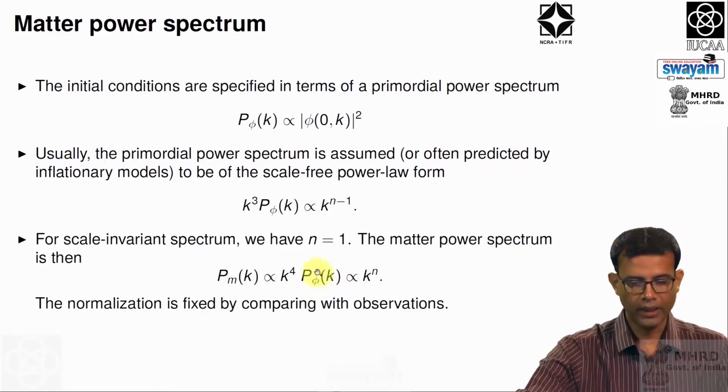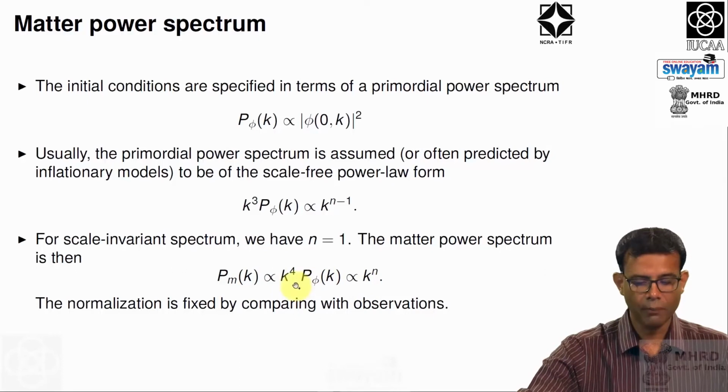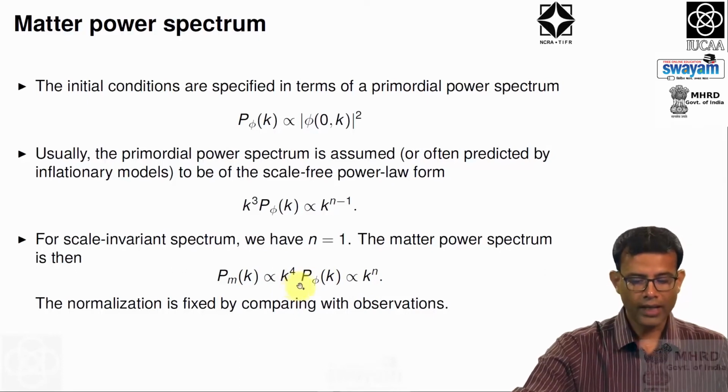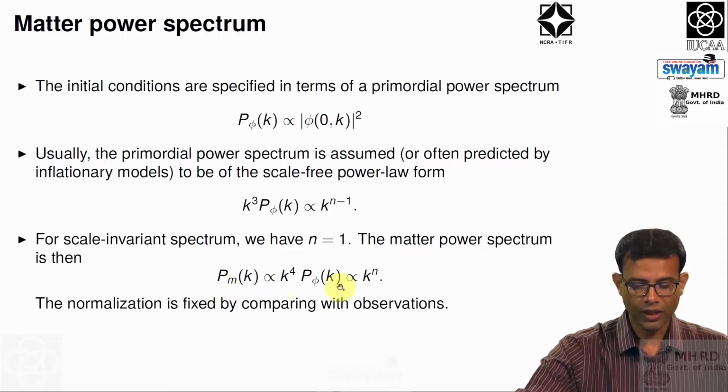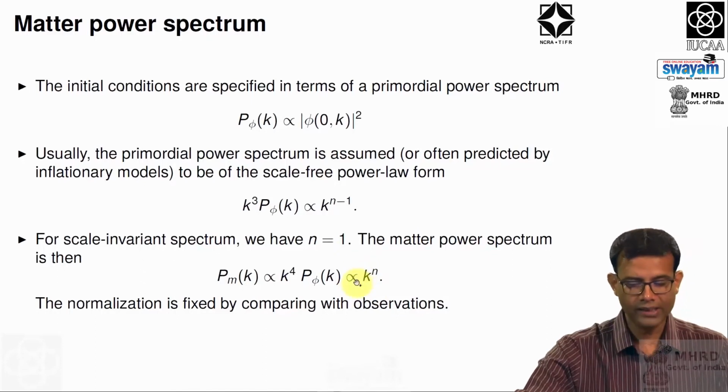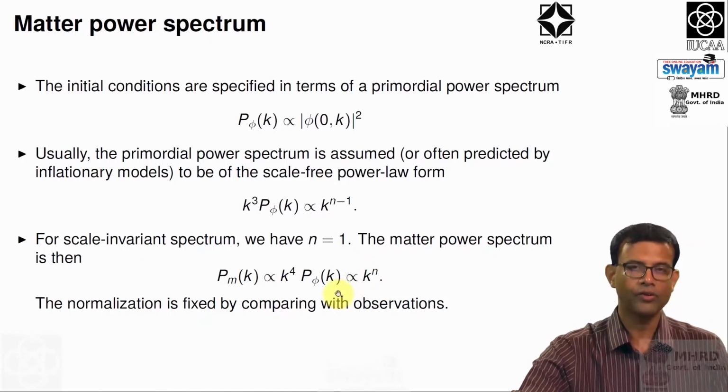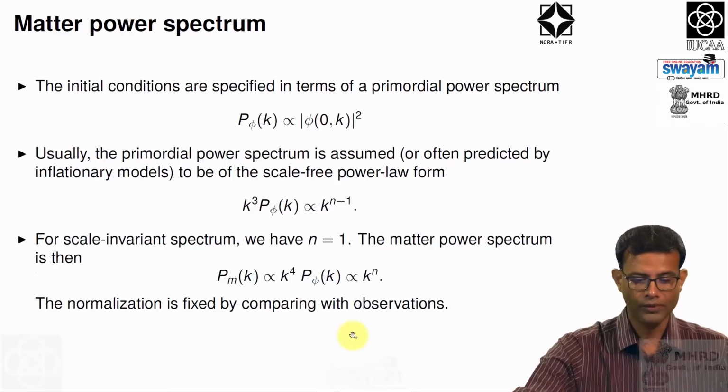So, that is how you pick up the factor. The power spectrum will pick up a factor of k to the 4, and then you can show that the power spectrum of density fluctuations or matter fluctuations will go as k to the n. Of course, there is a proportionality factor. So, there will be a normalization, and that normalization is also fixed by comparing with observations.